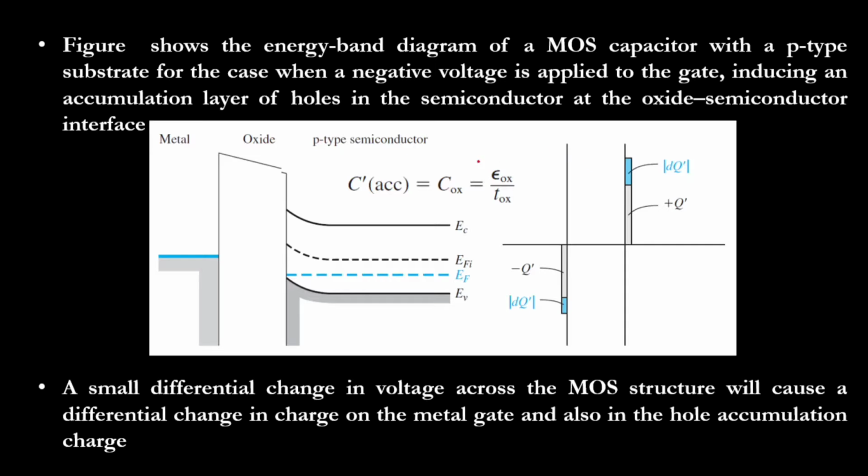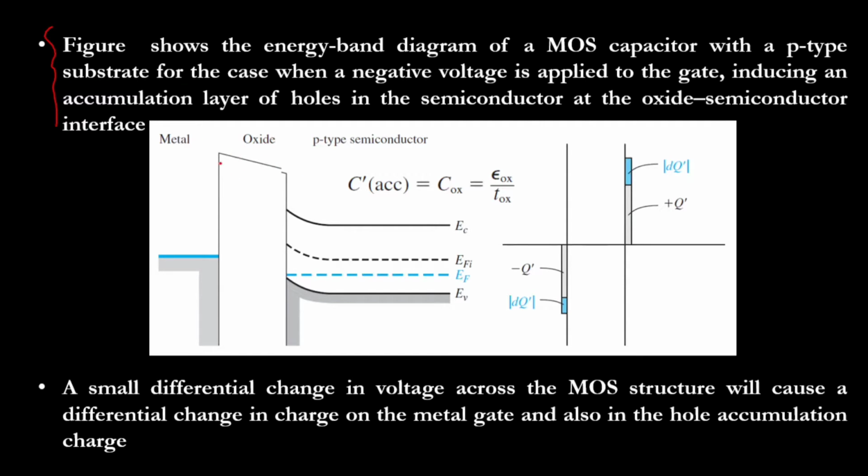The figure shows the energy band diagram of a MOS capacitor with a p-type substrate, for the case when a negative voltage is applied to the gate. This figure includes an accumulation layer of holes in the semiconductor at the oxide-semiconductor interface. We'll see what it means from this diagram.